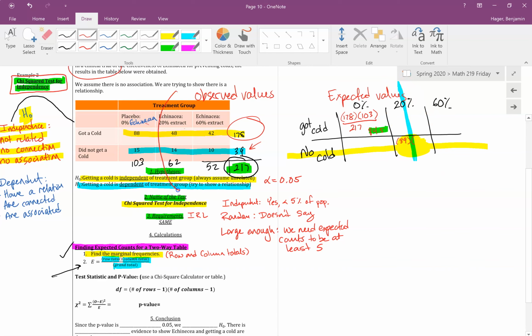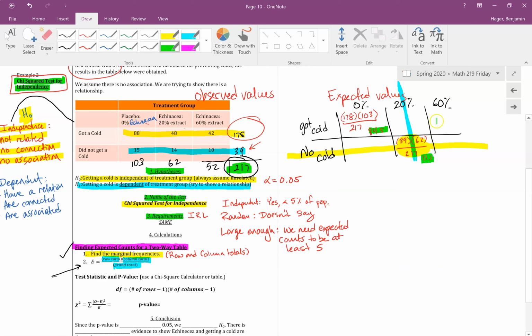The 20% column had a total of 62. And divide by the grand total of 217. Let's see what we get there. I got 11.1. That is the expected value for that little box, for the no cold at 20%.